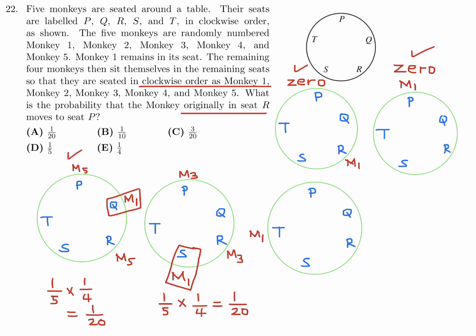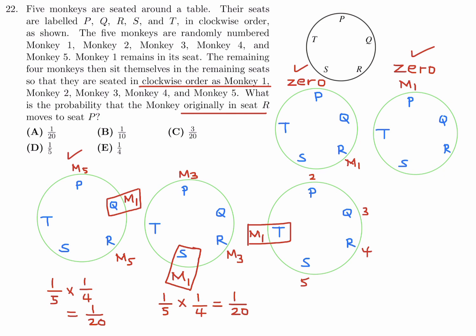And then finally, we've got the last scenario. Monkey 1 is now fixed at T, but we want the guy who's originally there to eventually end up here. Well, when you do the rearrangement, it's going to be monkey 1 there, and then 2, 3, 4, 5.